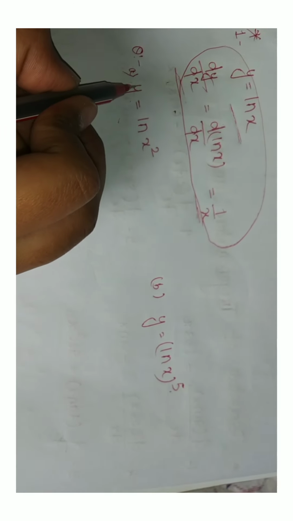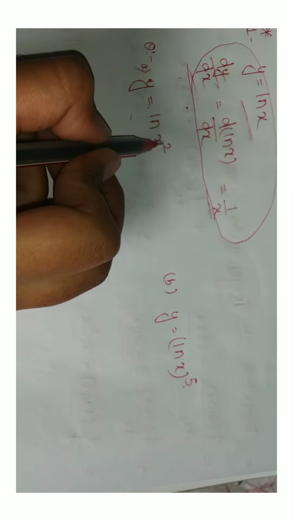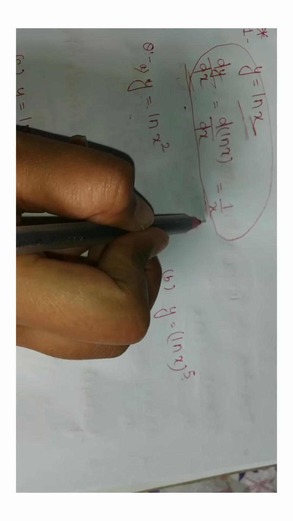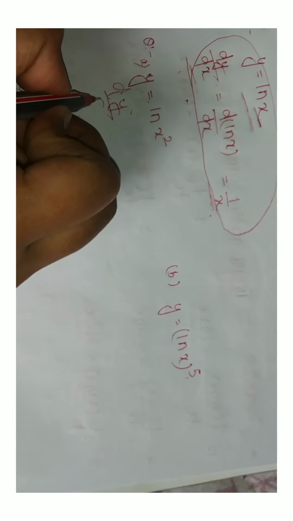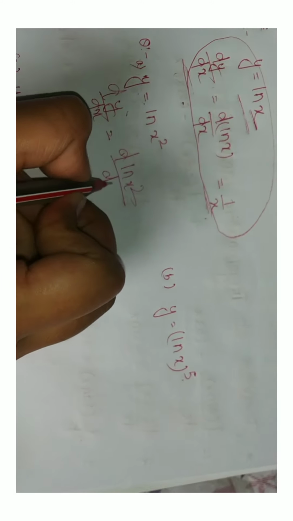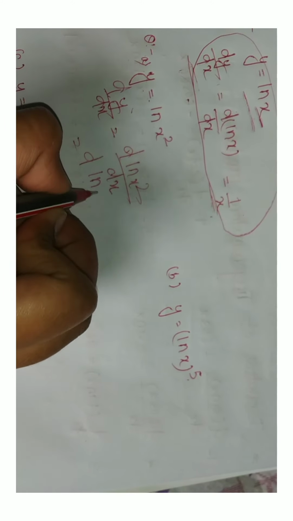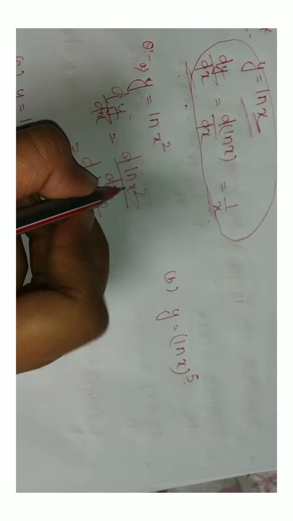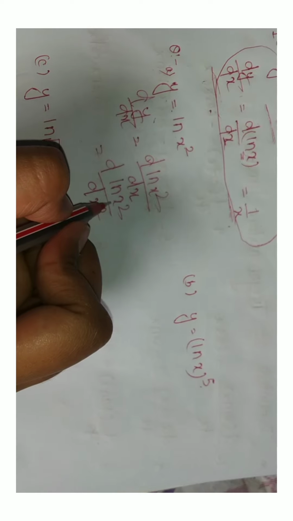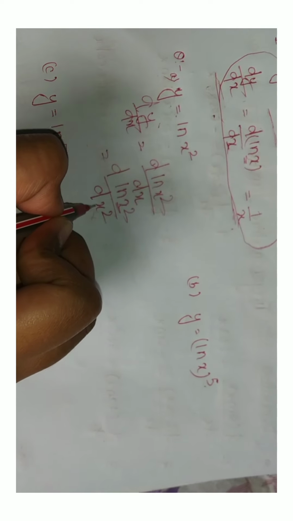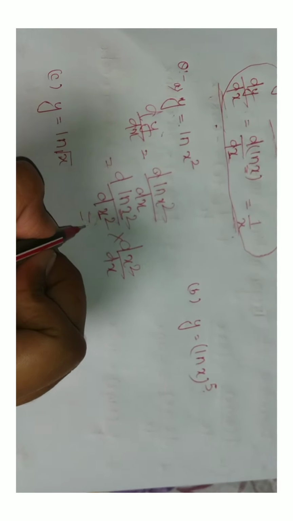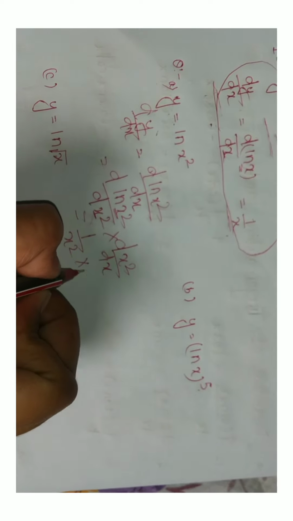So example, y is equal to ln x square. dy by dx of ln x square by dx is equal to the derivative of ln x square with respect to x square into the derivative of x square by dx, that is equal to 1 by x square into 2x.